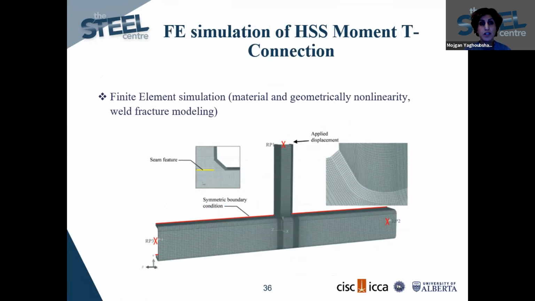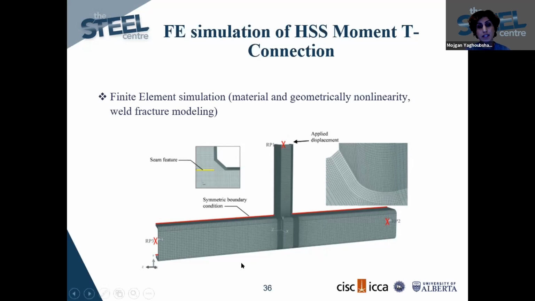In order to come up with a more realistic design formula, we needed more specimens. So a finite element simulation was run, and in the finite element model we tried to simulate the fracture in the weld as well.